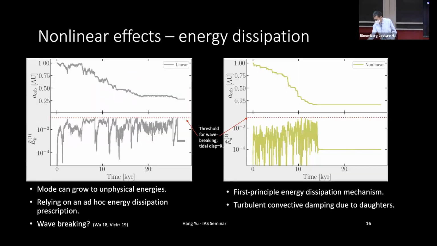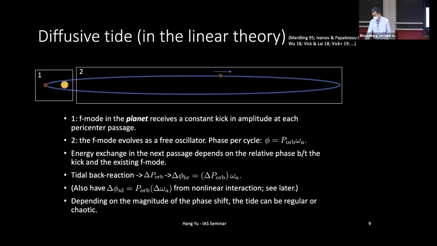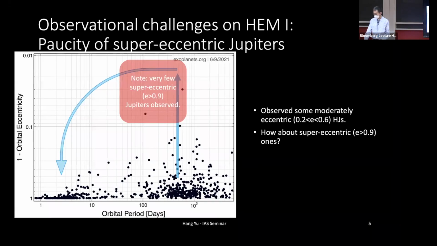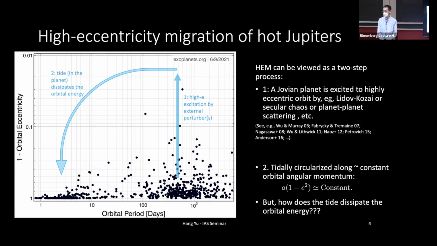Yeah, I think that's just because of all those dynamical processes, including secular effects. Initially they all form with nearly circular orbits, and then somehow this gets excited to high eccentricity.